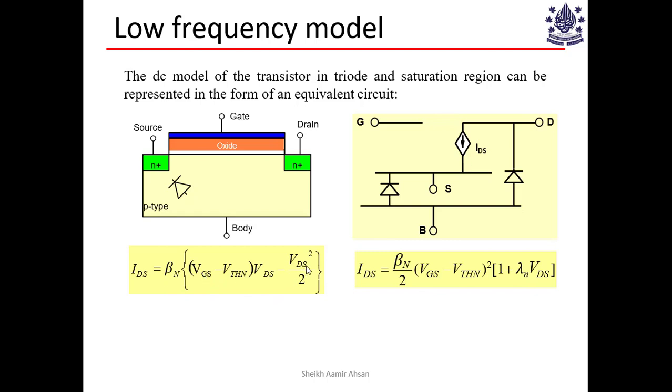It also depends on VDS. So this IDS is a gate voltage as well as a drain voltage dependent current. Does it also depend on the source to body voltage? These two equations tell us that IDS depends on VGS and VDS. What about VSB or VBS? Does current depend on this also?